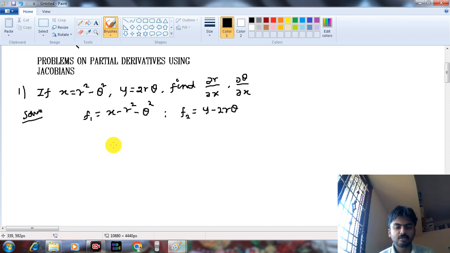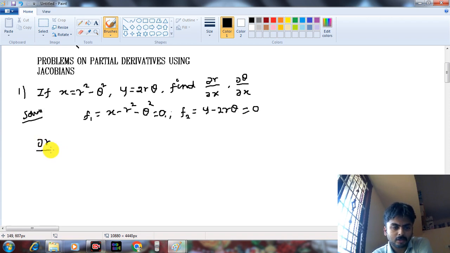Both f1 and f2 will be functions of the same variables. So by that condition, since in the definition of partial derivatives using Jacobian we have 0, we write equal to 0 here. Now we want to write a formula. What is the formula for ∂r/∂x? ∂r divided by ∂x.